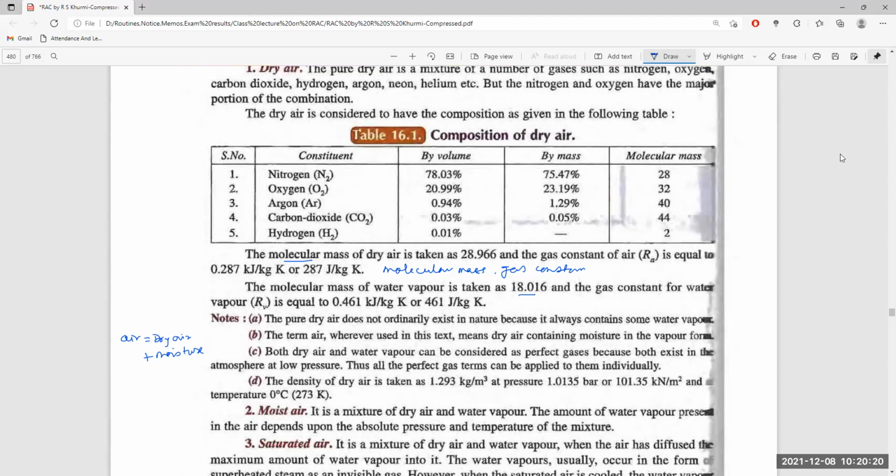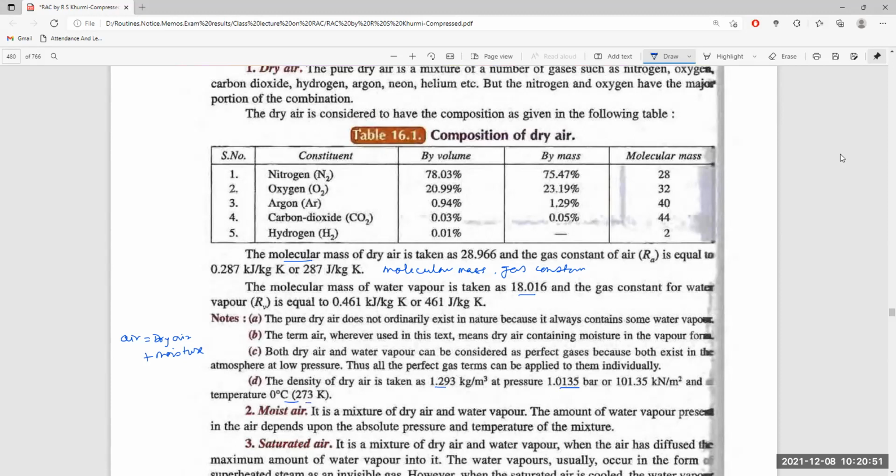So the density of dry air is 1.293 kg per meter cube at atmospheric pressure of 1.013 bar and a temperature of 0 degrees centigrade, or 273 Kelvin.